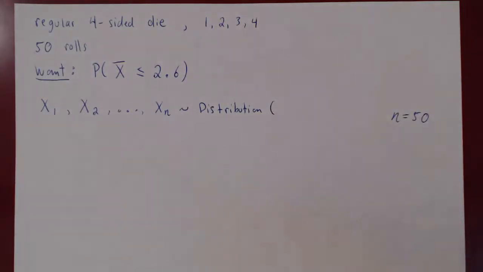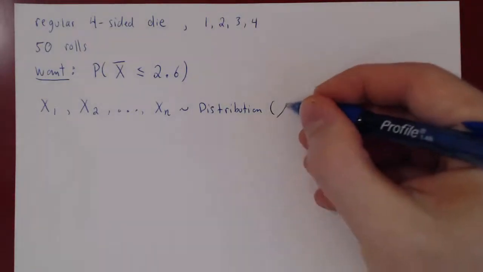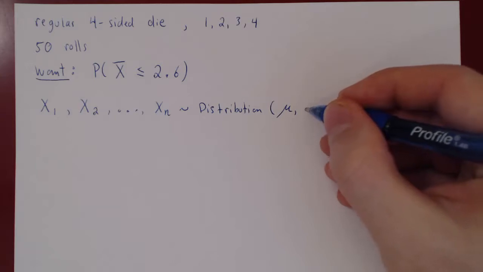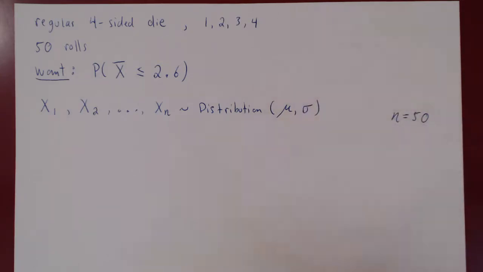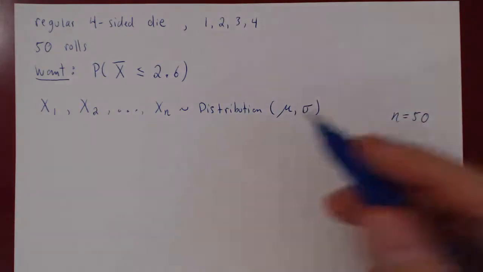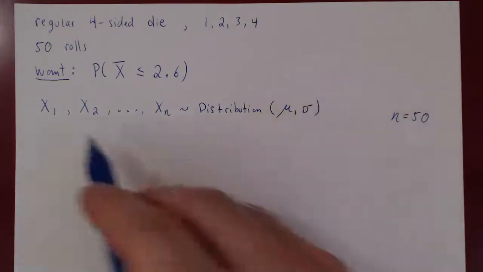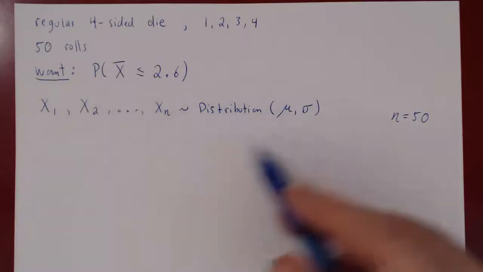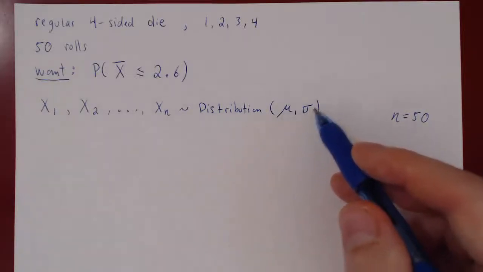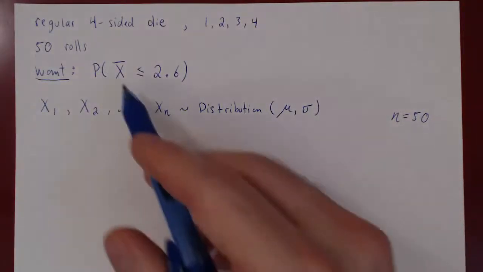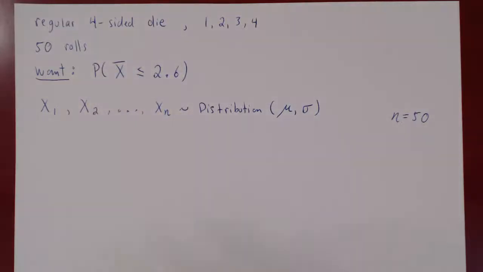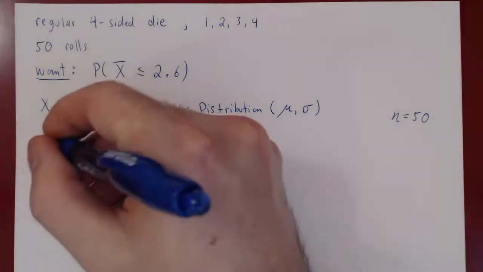And suppose that the mean we call mu, and the deviation we call sigma. As we'll see very shortly, we'll have to find these. But for now, say that the average value of each roll is mu with a standard deviation of sigma. Now we can write the average as a sum of these 50 random variables over n. That's what the average is.